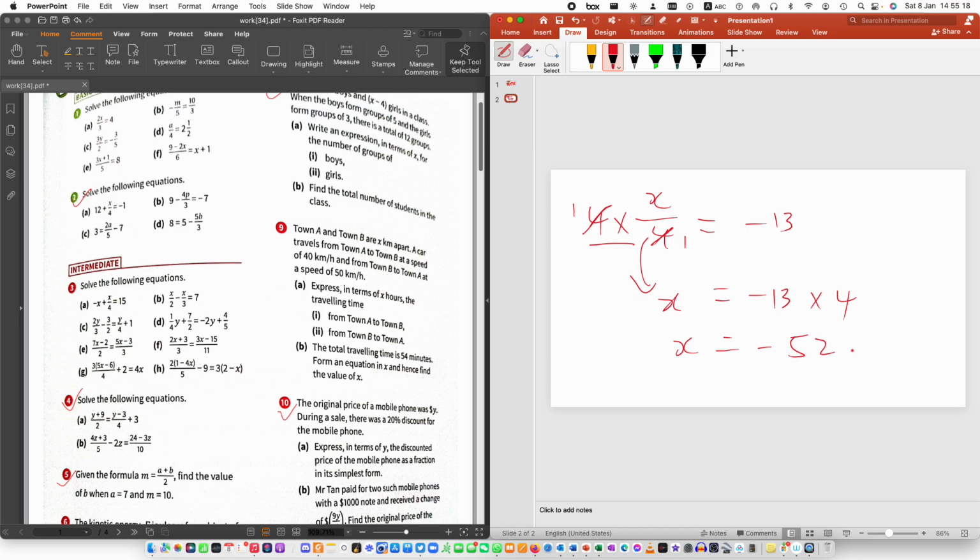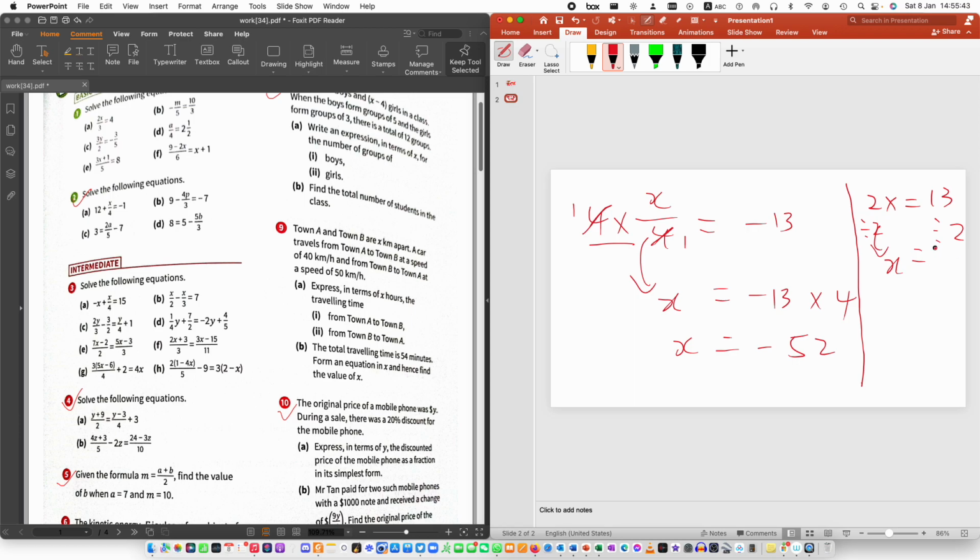Let me show you what we did using proportionality last time. For proportionality, if we have 2x equals 13, how do you reach x? You divide by 2. If you divide by 2 on the left, you also divide by 2 on the right.